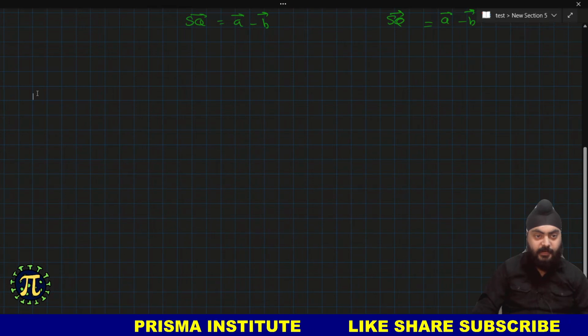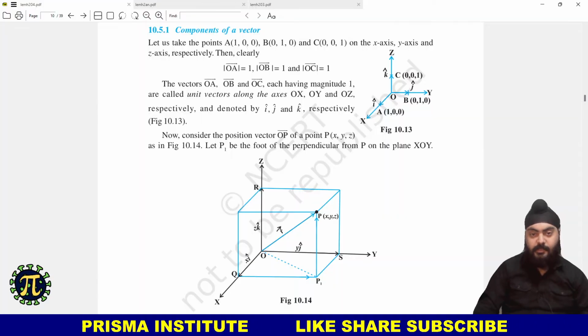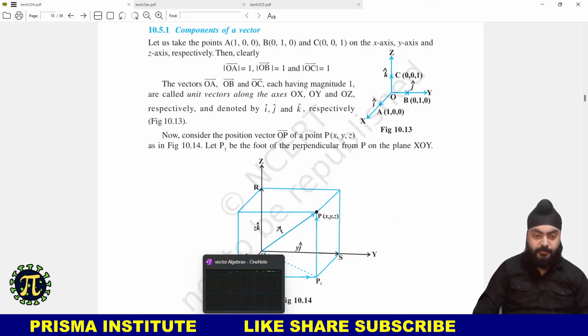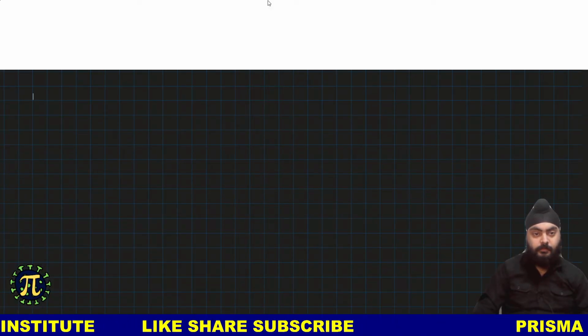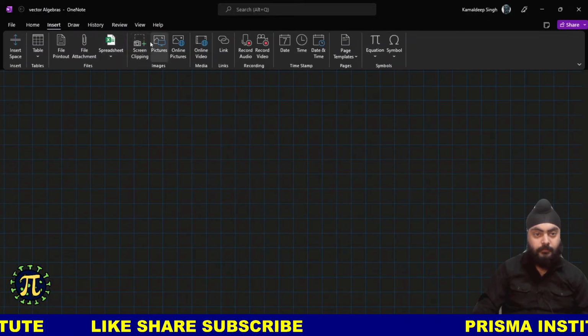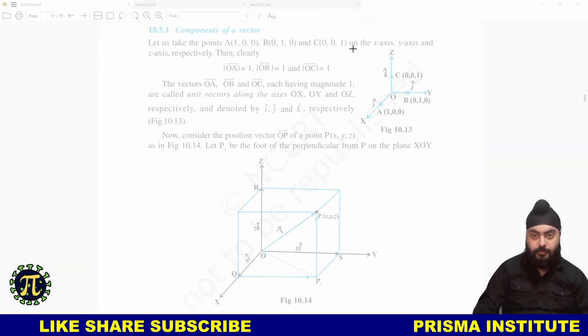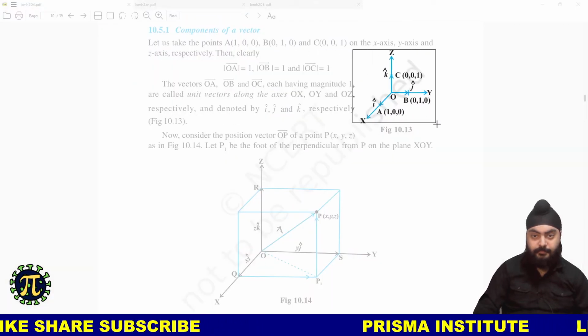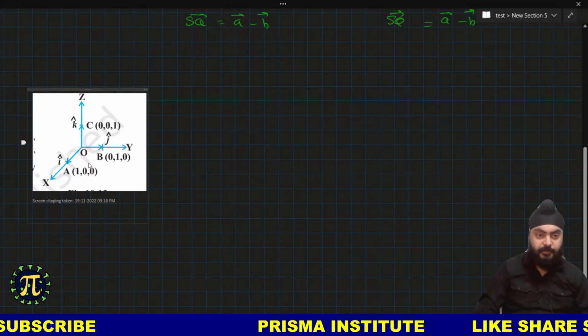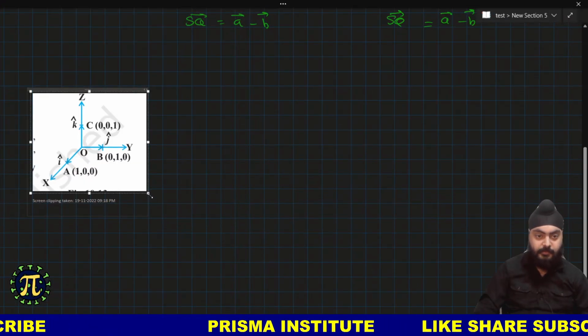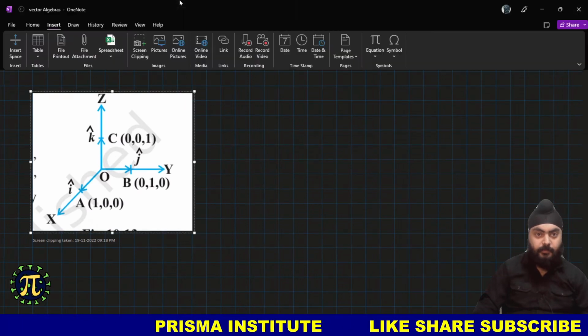So let's start our discussion from NCERT. Components of a vector. So I'll take a diagram from NCERT. So this is the main diagram. Okay, so let me enlarge it a little bit.